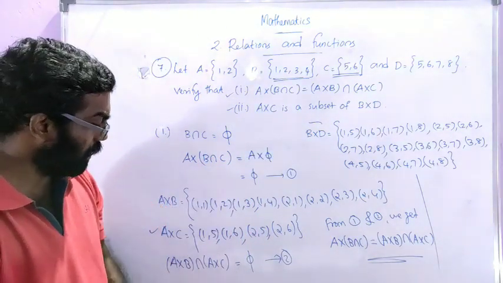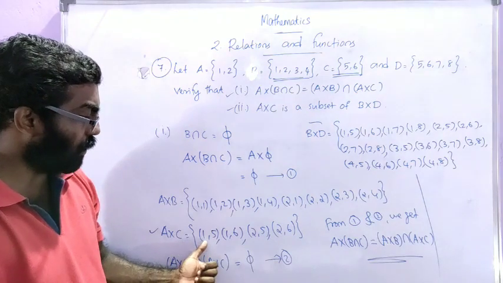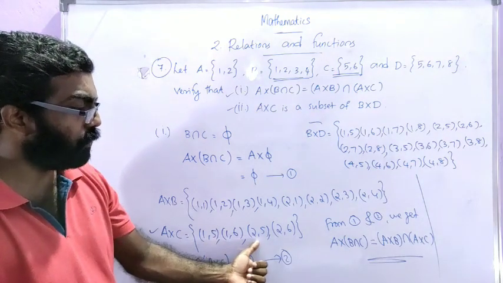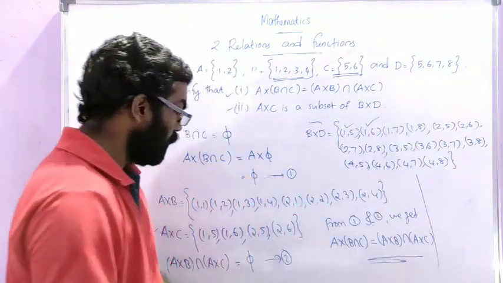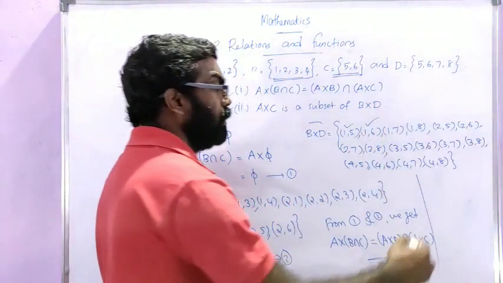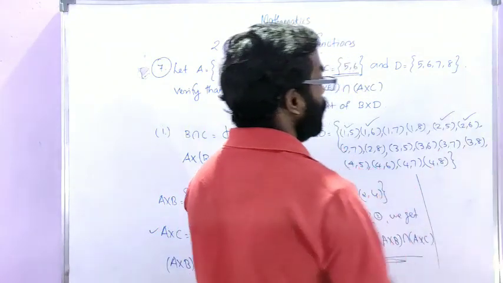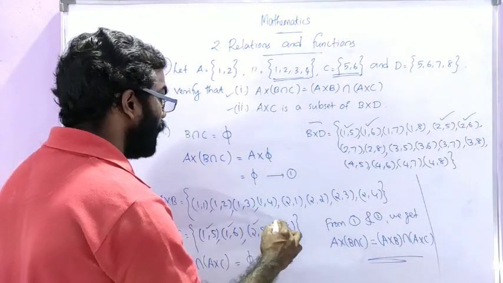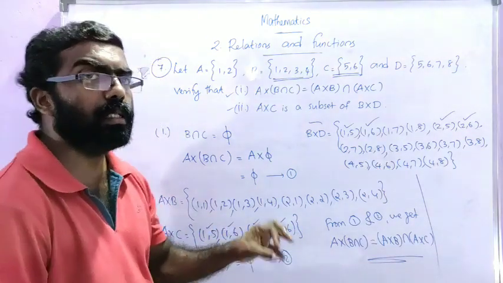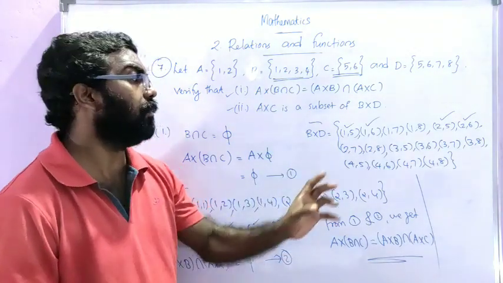Here we can check it. A cross C: (1,5), (1,6), (2,5), (2,6). (1,5) is here, (1,6) is here, then (2,5) and (2,6). That means every element of A cross C is contained in what?